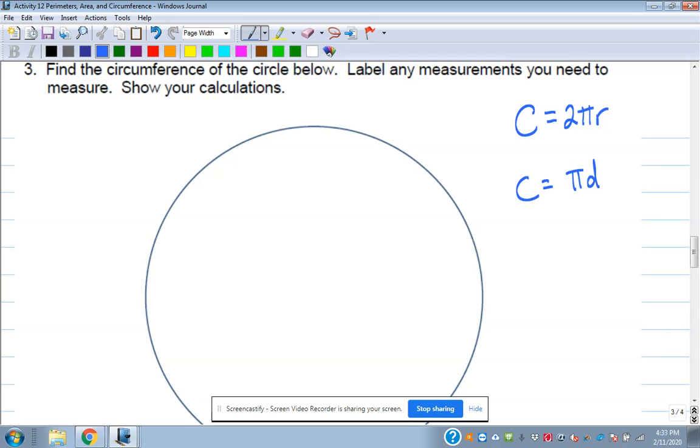Notice on the left-hand side right here, I'm putting the 0 mark of my ruler there. And then I'm pulling the ruler across the circle, but keeping the 0 mark on the edge until it gets to the widest spot. When it starts getting narrower, then I'm going to back up and find that widest spot. That widest spot looks to be about right there.